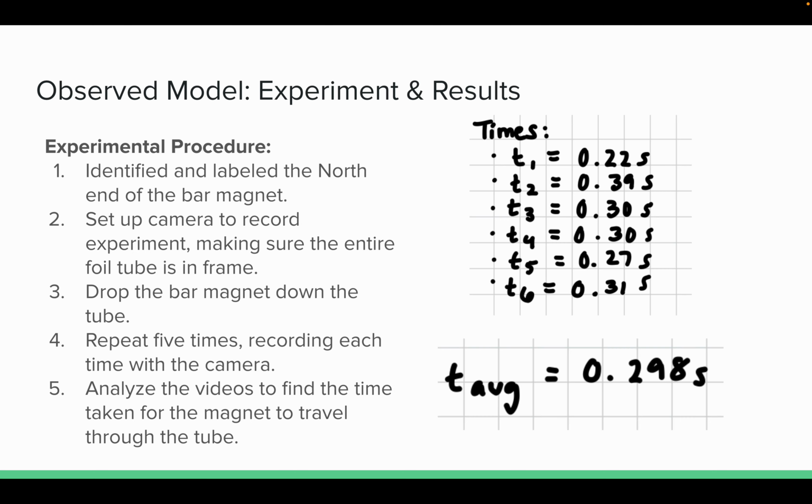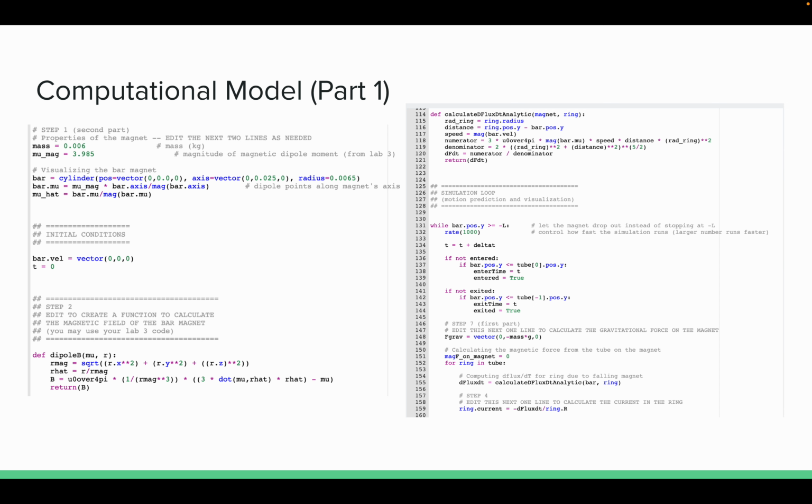So from my observed model, this is just the procedure over here, and these were my recorded times for each trial, and then my average was 0.298 seconds, as I mentioned before. Then in the computational model, here we are just initializing, and I used my code from before to create the magnetic field of the bar magnet.